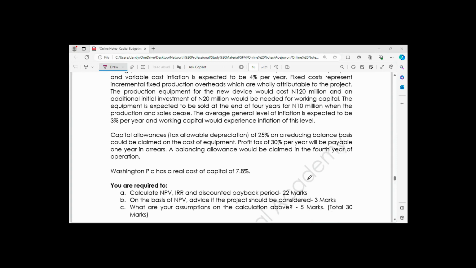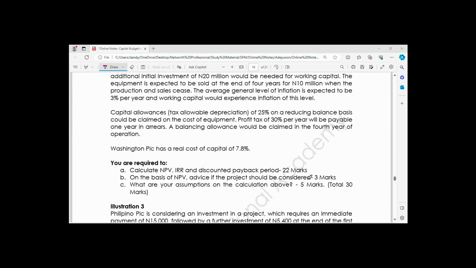You are required to: A, calculate NPV, IRR, and discounted payback period, 22 marks. B, on the basis of NPV, advise if the project could be considered, 3 marks. What are the 4 assumptions in the calculation above? 5 marks, total of 30 marks.